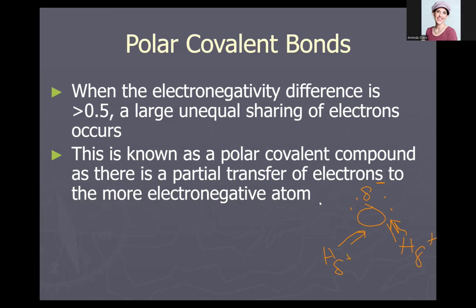So that's what it means by partial transfer of electrons. Hydrogen is sharing its electrons with oxygen, but oxygen pulls them closer to it. It says, thanks for sharing, I'm going to keep it close to me. I have more electrons, I'm keeping it close.